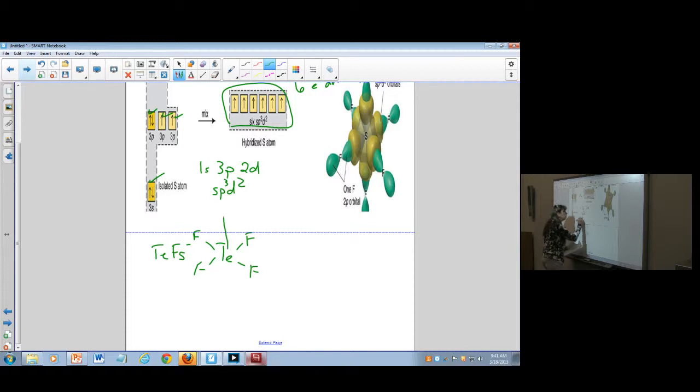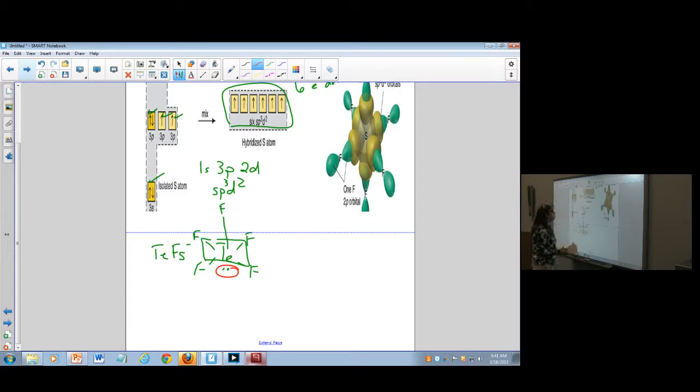We end up with a lone pair of electrons down here. Remember, this is our square plane, all in one plane, and this fluorine is extending above the middle of our plane, and then this pair would be below the plane.